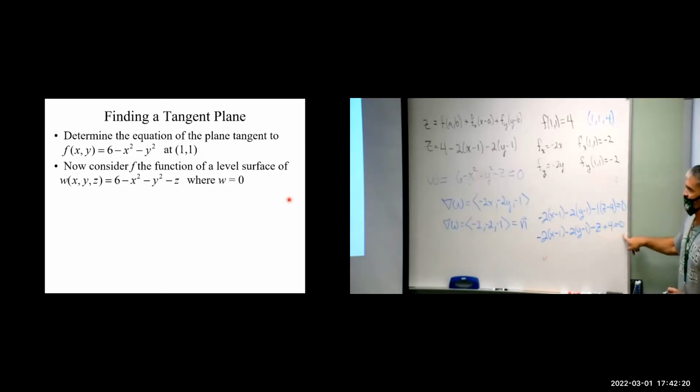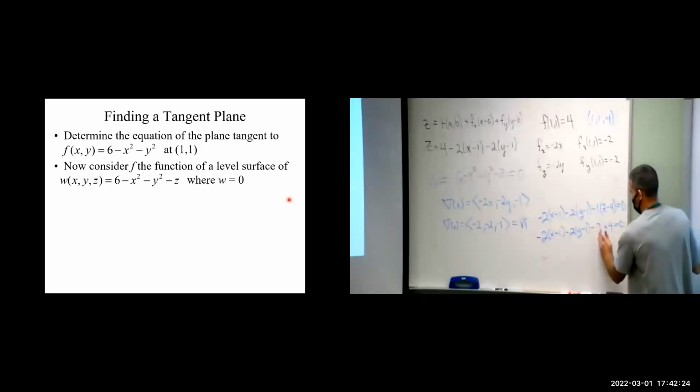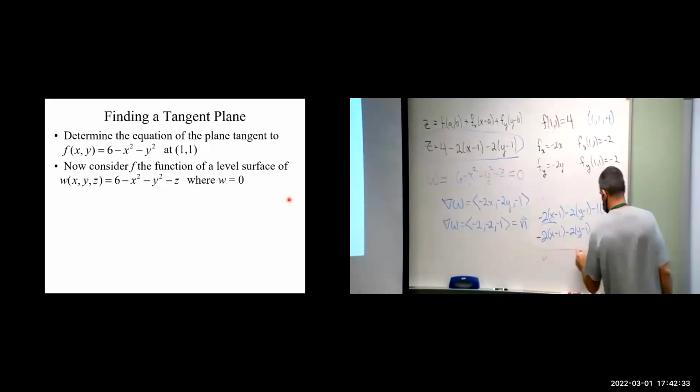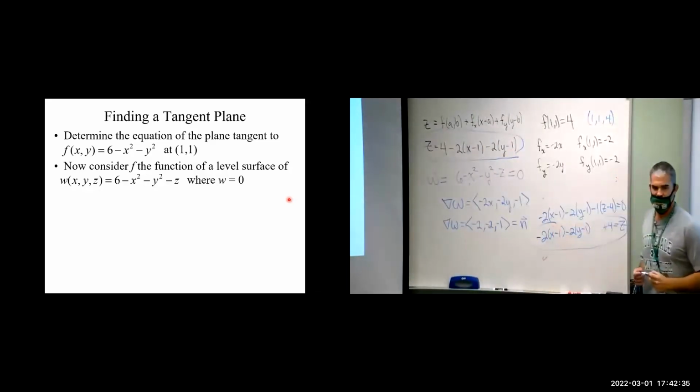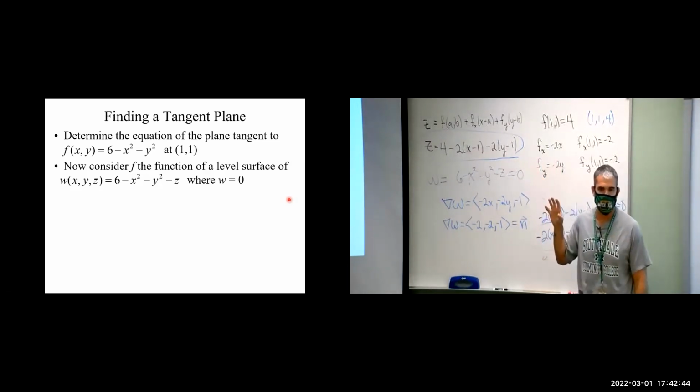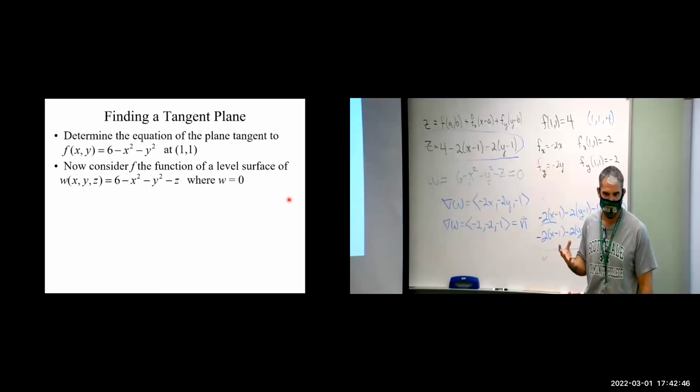Then I'll add that z over to the other side, and we get the exact same thing we had before. So another way of finding a tangent plane is to treat the function of 2 variables as a level surface of a function of 3 variables, find the normal vector, and then use point normal form of a plane.